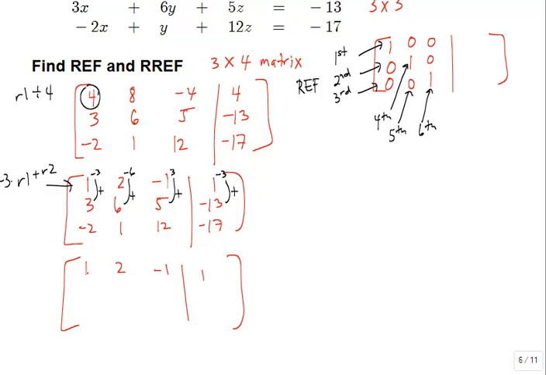Use the 1. Keep that. You don't want to lose it. In row 2, we're going to put the answer that we get when we add these 2 rows together. So -3 plus 3 is 0, -6 plus 6 is 0, 3 plus 5 is 8, and -3 plus -13 is -16. I haven't done anything to row 3 yet, so it stays the same.